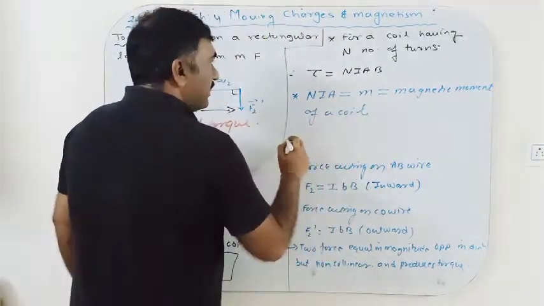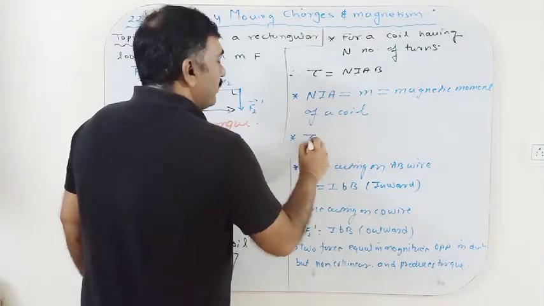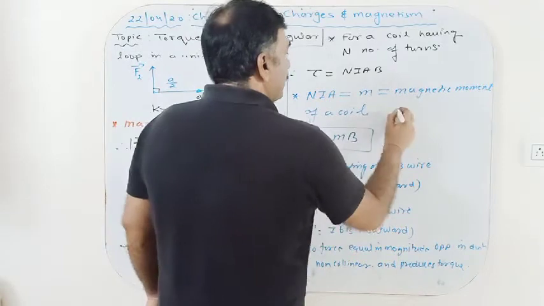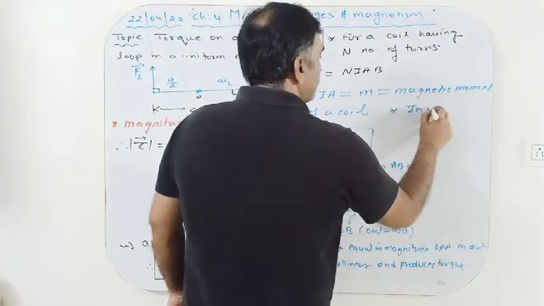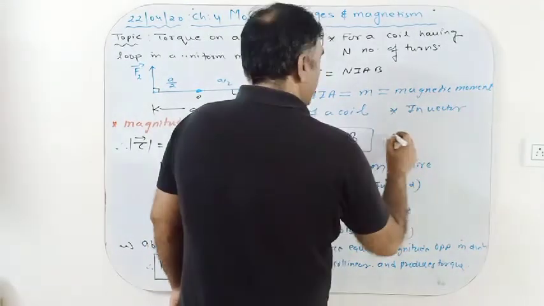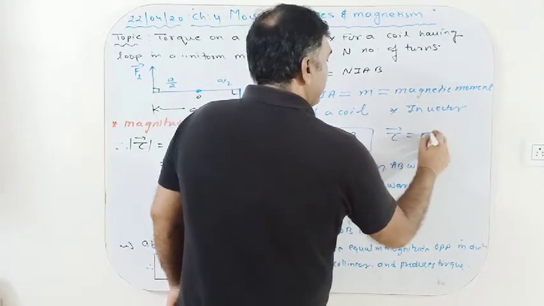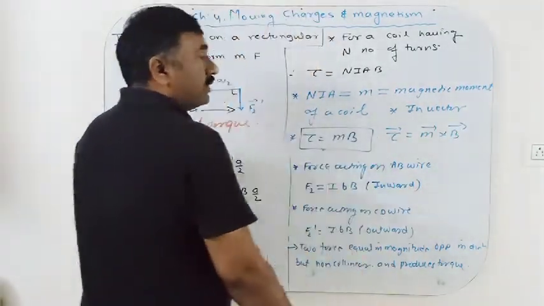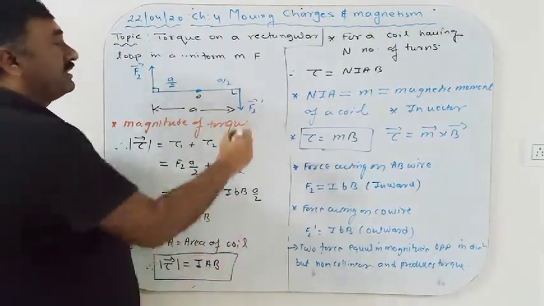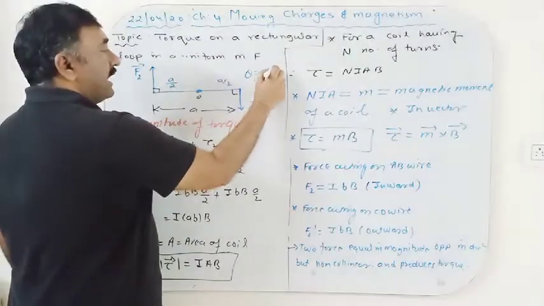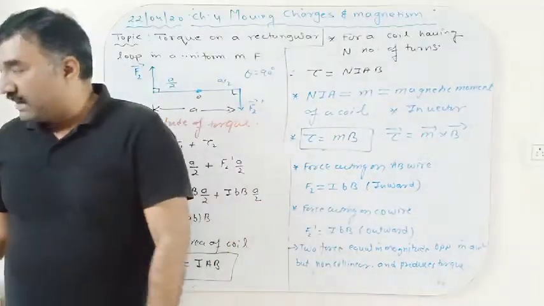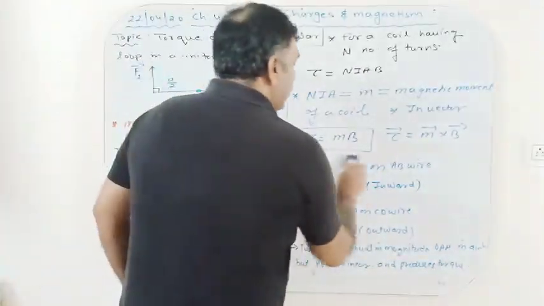So the formula becomes tau is equal to M into B, or in vector notation, tau is given by M cross B. Here we are simply considering theta equal to 90 degrees, therefore the maximum torque is acting. When it makes some angle, then we have to consider it.